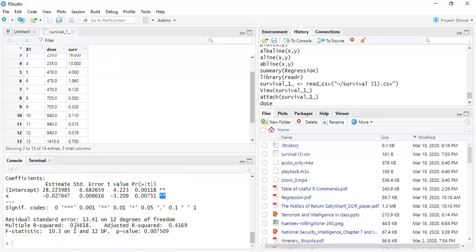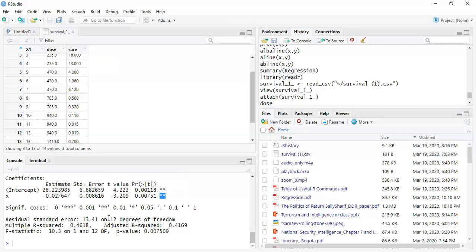But then when we come down here and we see the multiple R squared, that is Pearson's R squared, the coefficient of determination, which is basically the correlation coefficient squared, and it's 0.46. Is that good? It's not great, but it's not bad.